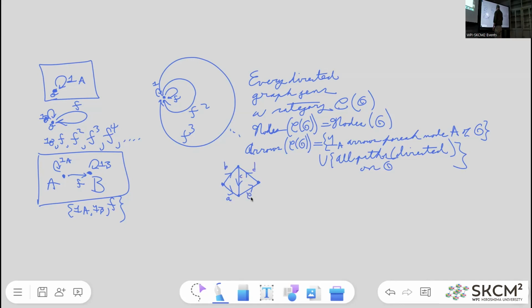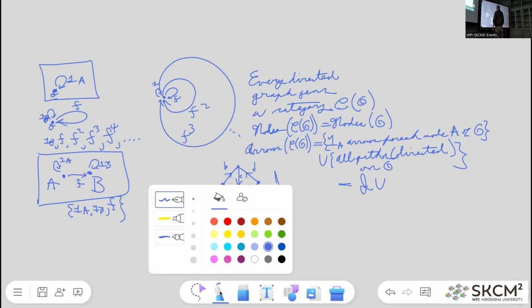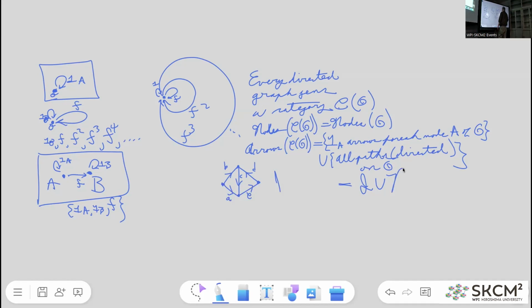It's going to be a finite one. And let's call these two sets I and J. So we know what I is going to be. It's just going to be one little morphism for each node. But what about J? Or maybe I should call it P, which would be better. The identity parts and the path part. So what about the path part?